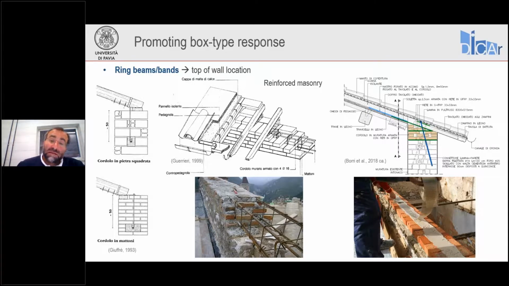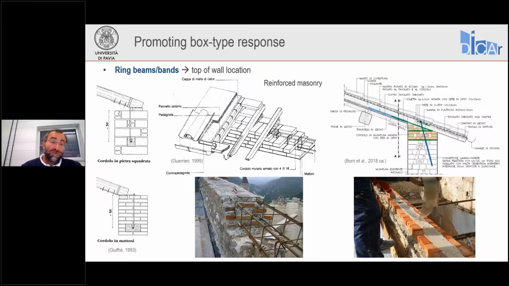And an alternative to this solution is to use composites to provide the reinforcement, for example, GFRP meshes embedded in the bed joint of the top layers of the masonry, so as to provide longitudinal reinforcement in a different form, not using steel.